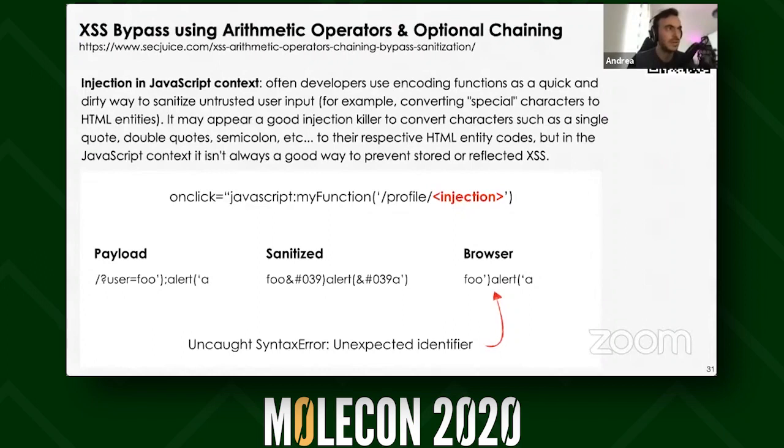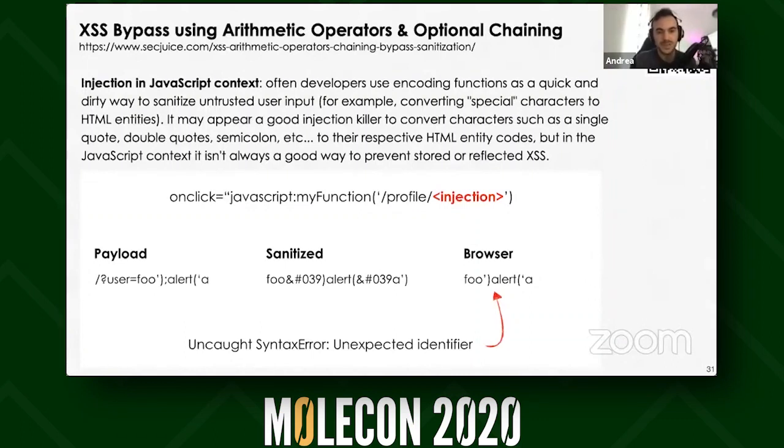I don't know if this happened to you too, but I really see often this kind of approach, and often developers use encoding functions as a quick and dirty way to sanitize untrusted user input. For example, converting special characters to HTML entities.